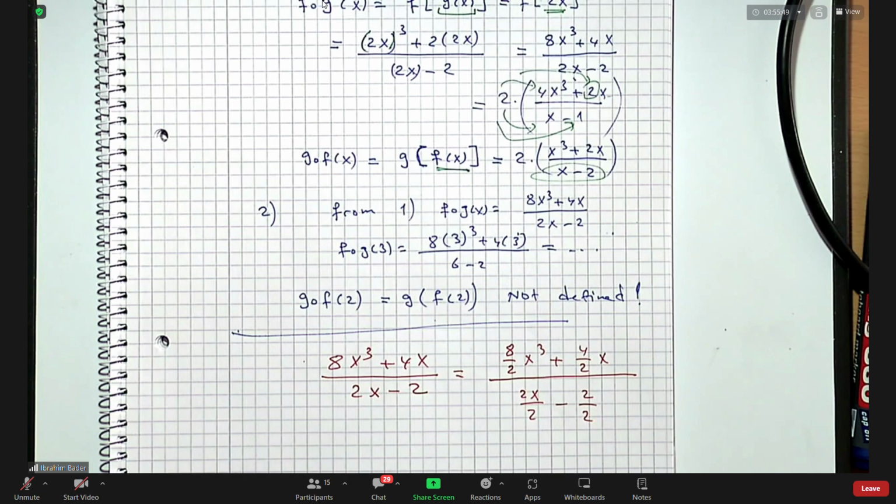Yeah, but you know what? Your colleagues are arguing that you can take 4 here as a common factor and 2 here as a common factor, then cancel them out, then here you will end up having 1 as coefficient. This is not possible. You got it?